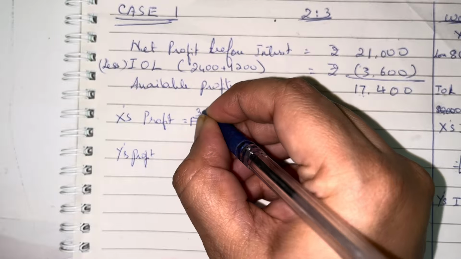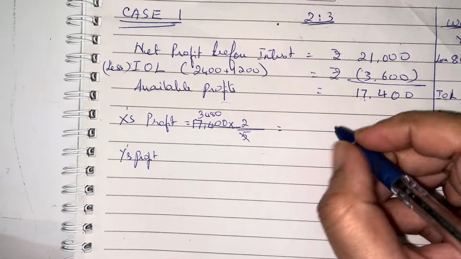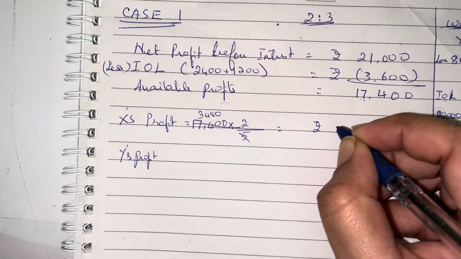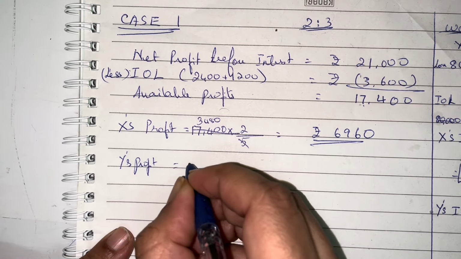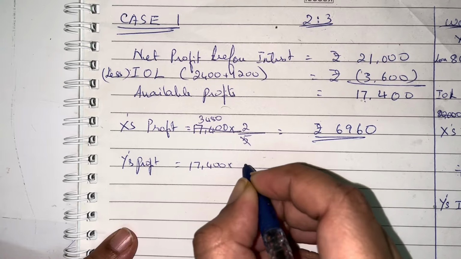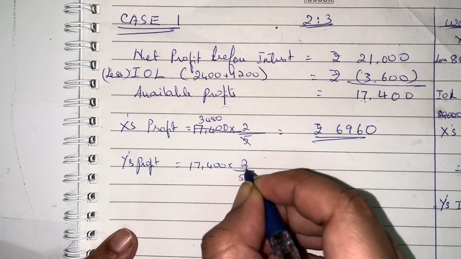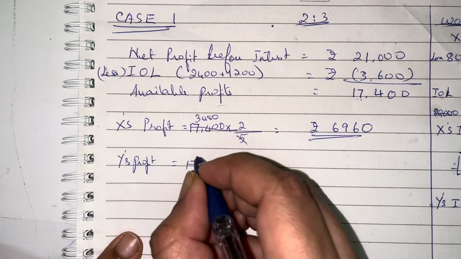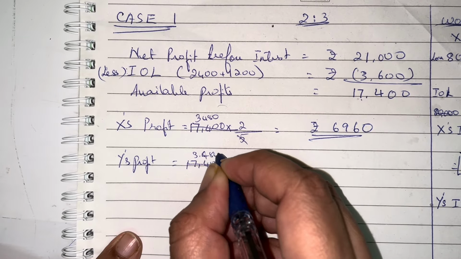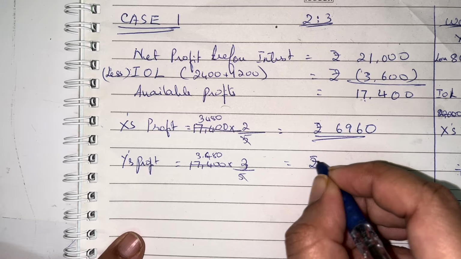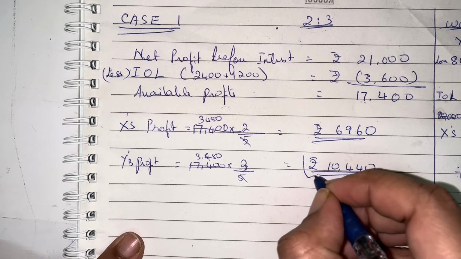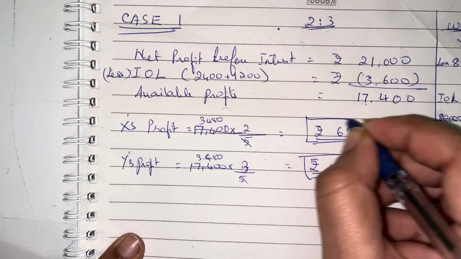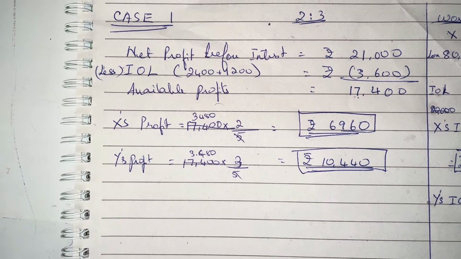So X would be 3480 into 2, 6960, and Y's profit would be 17,400 into 3 by 5, 3480 into 3, that would be rupees 10,440. Okay, this is case number 1. You can highlight, you can put it either in boxes or highlight the answer.